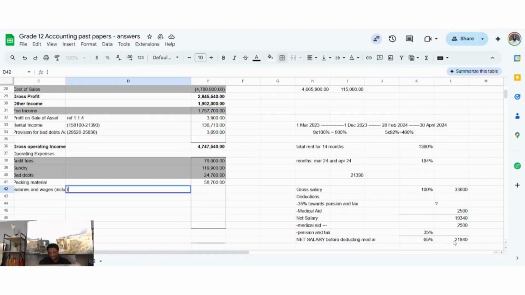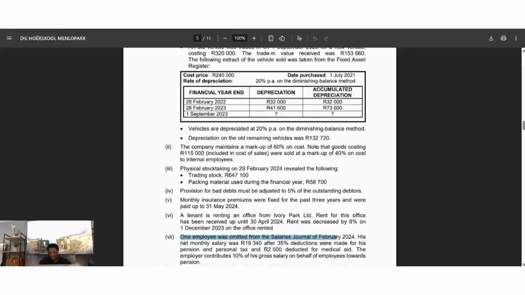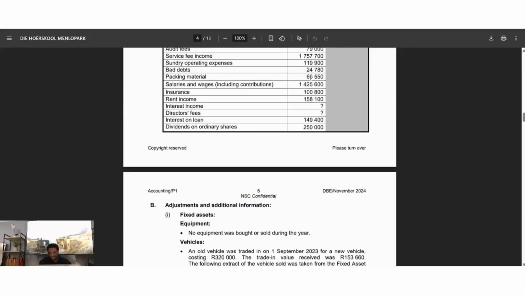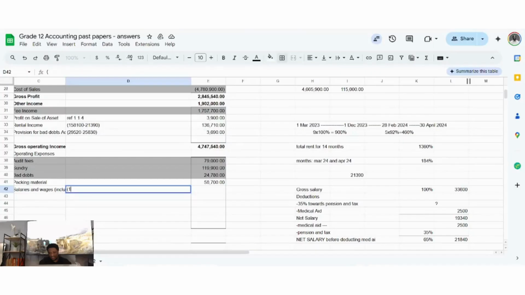And then when we do our calculation here, we're going to start with the amount from the pre-adjustment trial balance, which is 1,425,600. And then you're going to say plus 33,600, because that employee was omitted. And then we also need to add the contribution. If you remember, the contribution is 10% of the gross salary towards the pension.